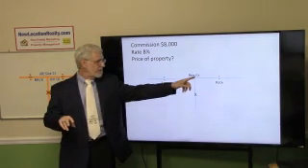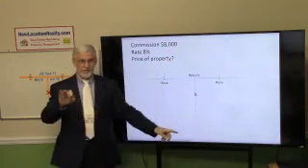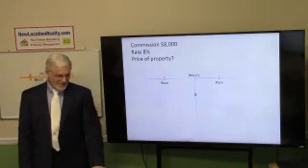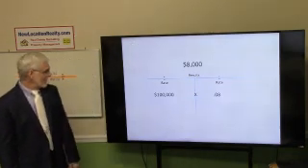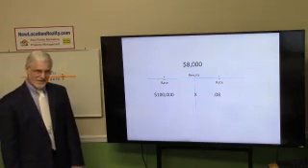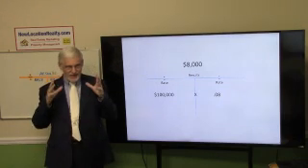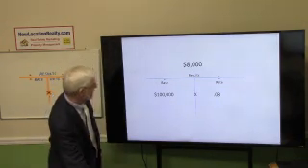What do we have to do? We have to divide the 8,000 by 0.08. 100,000 sounds good to me. Didn't even get your calculator out. There it is. Most of the stuff, once you see it, it clicks. You say, oh, I see how this works.